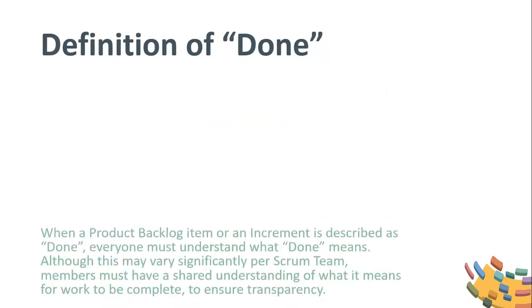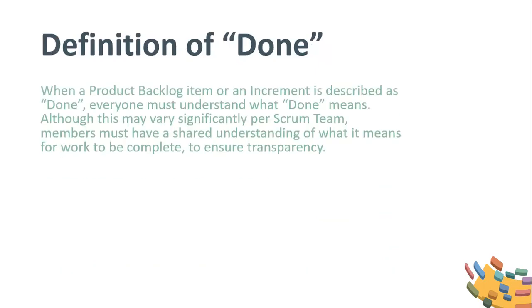Definition of done. When a product backlog item or an increment is described as done, everyone must understand what done means. Although this may vary significantly per Scrum team, members must have a shared understanding of what it means for work to be complete to ensure transparency.